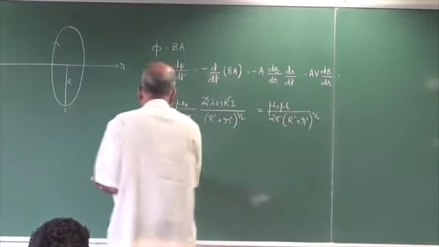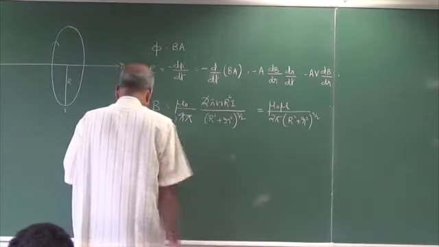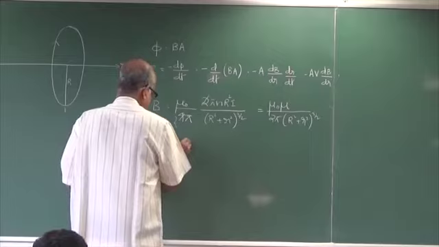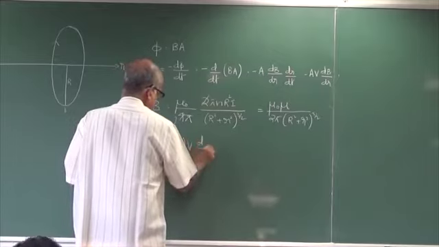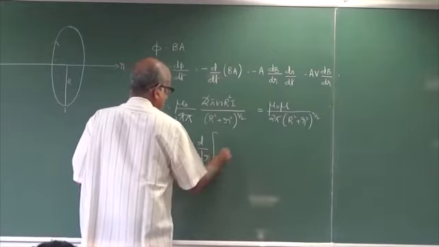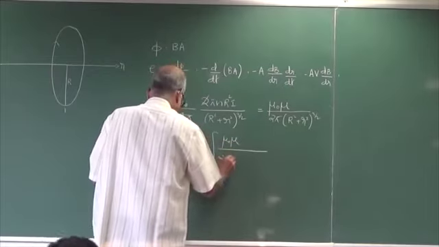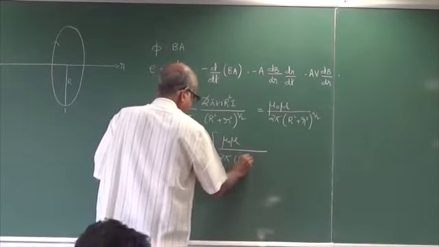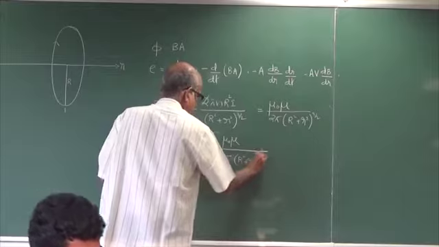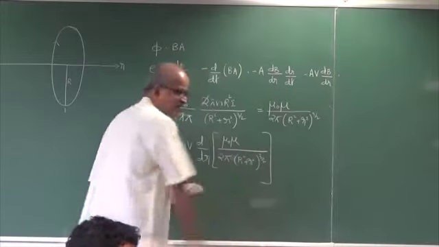So induced EMF is minus A v into d by dr of mu naught mu by 2 pi into R squared plus small r squared raised to the power 3 by 2. Will you agree?